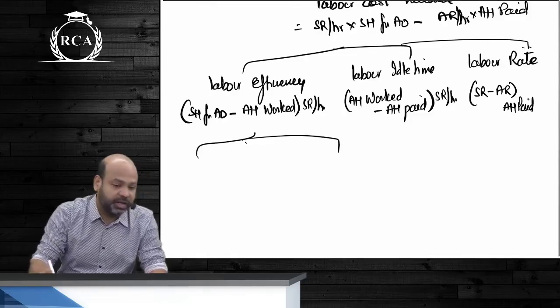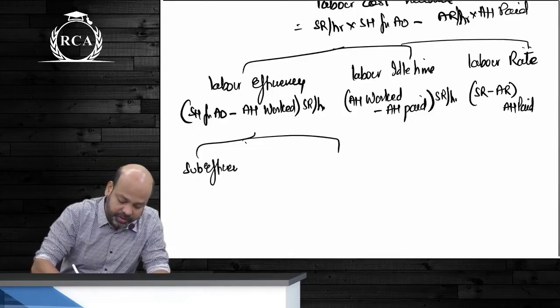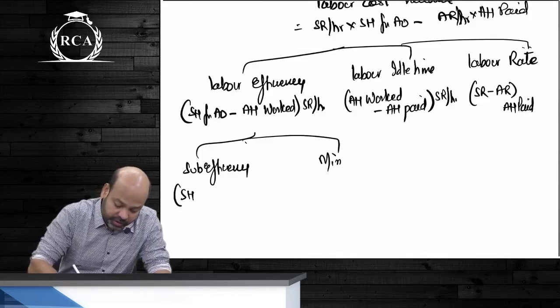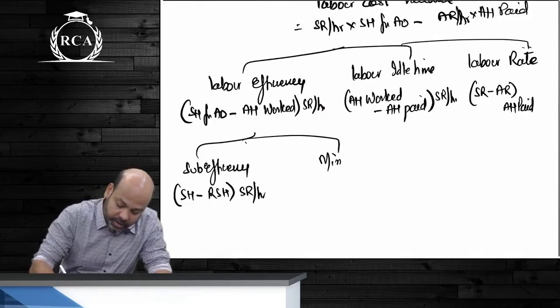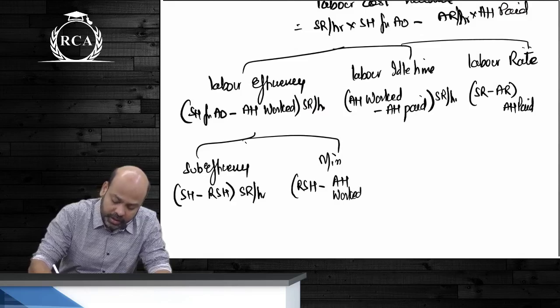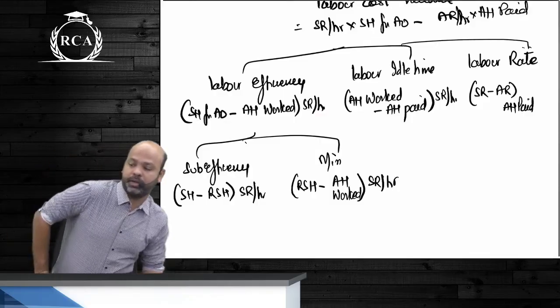Under efficiency variance you will have sub efficiency variance and mix variance. This will be SH minus RSH into standard rate per hour, and this will be RSH minus AH worked. Anything under efficiency will be based on AH worked only, not on AH paid.